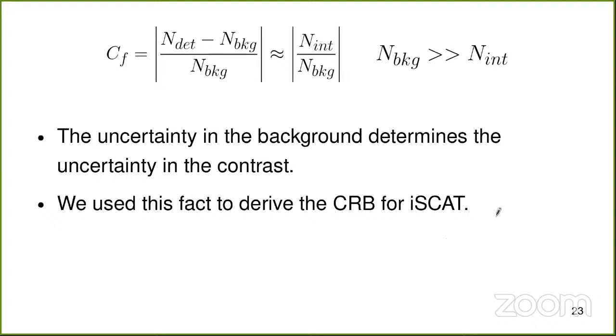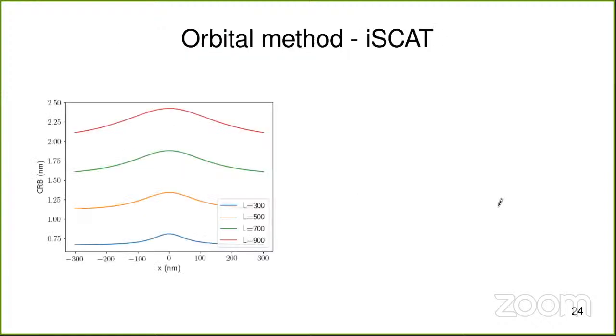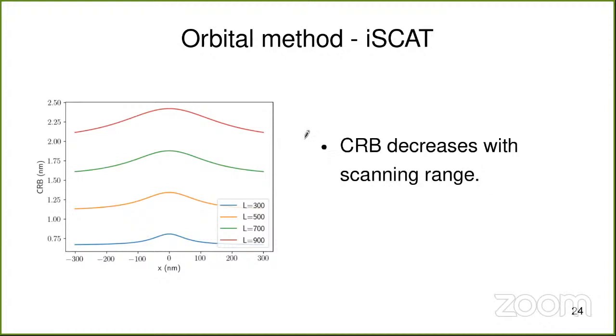So we had to derive a CRB in a different way than for fluorescence. And what we see is that for the orbital method, whereas with fluorescence we had a minimum in the center, here we have a maximum in the center. Again, the CRB does decrease with a decreased scanning range, but as a function of position, the CRB actually has a maximum.